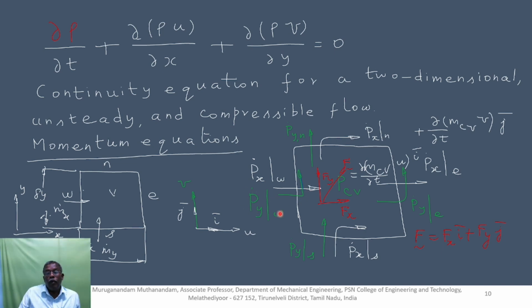The momentum flow in the vertical direction due to the mass flow on the west side is given by P dot y. Similarly, P dot x S, P dot y S, P dot x N, P dot y N, P dot x E, P dot y E can be defined. The force acting on the control volume is shown by vector F, which has components along the horizontal direction Fx and vertical direction Fy.